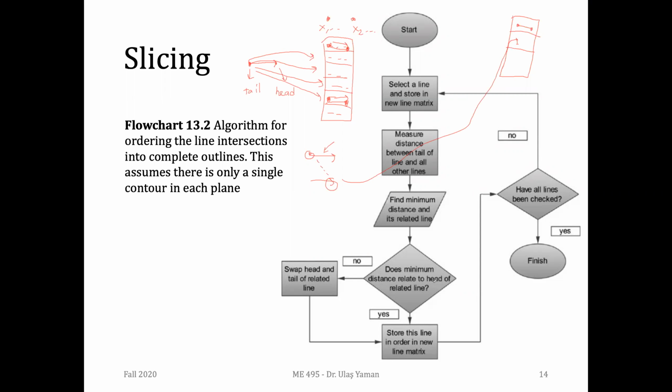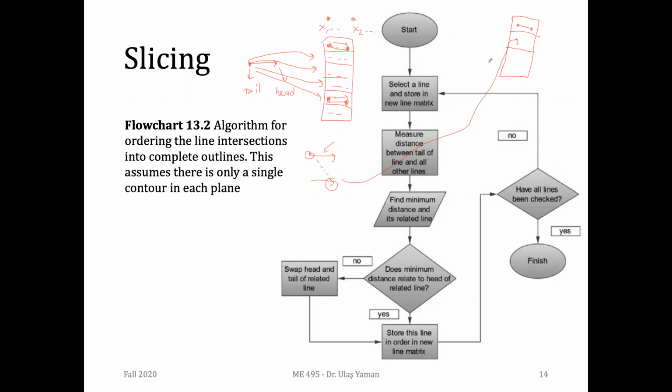So this is what we are going to do while comparing the line segments in the given list and trying to join them together. And at the end of the algorithm, we will have a proper, continuous contour. Yes, Shafak.